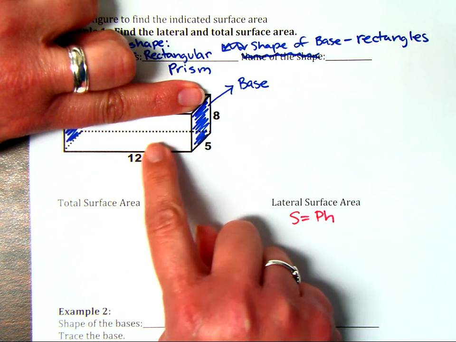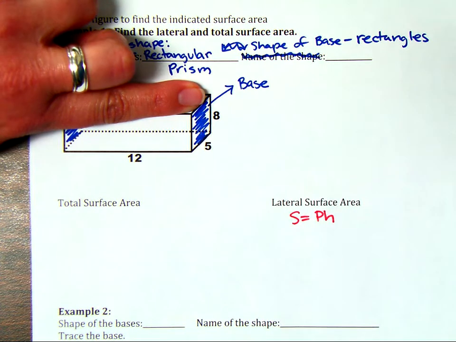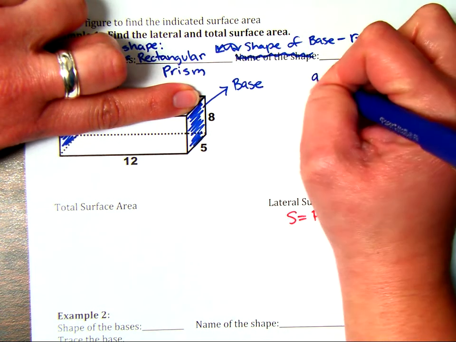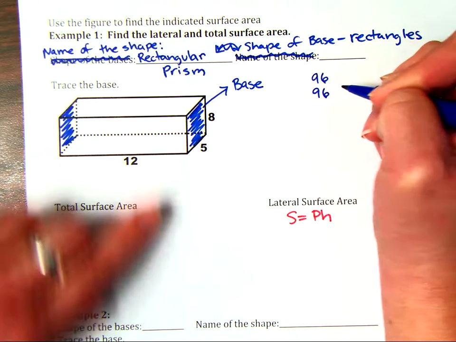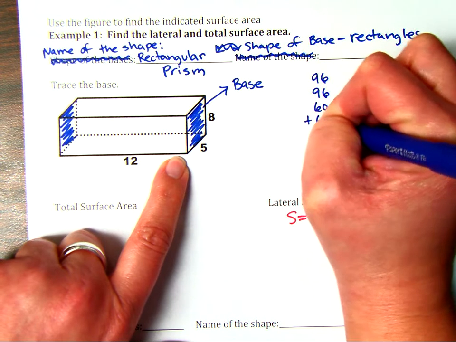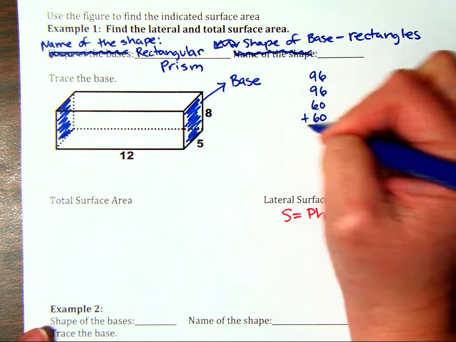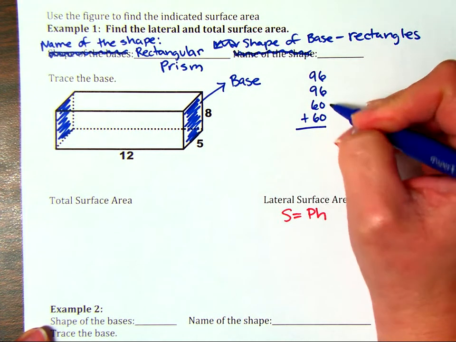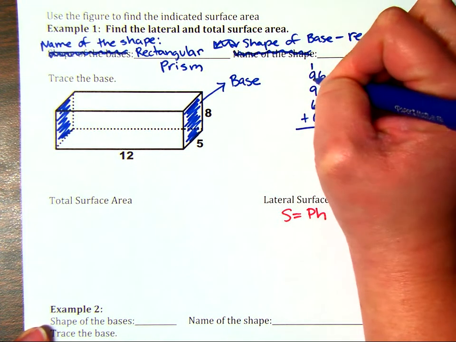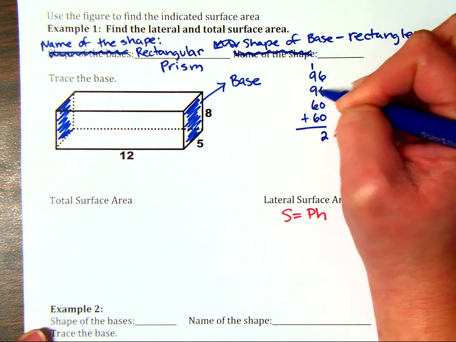The front rectangle and the back rectangle are the same. So that's 96 plus 96, and 60 plus 60.